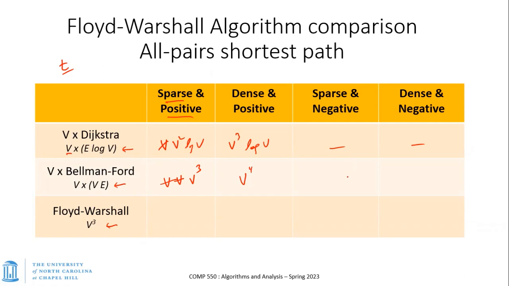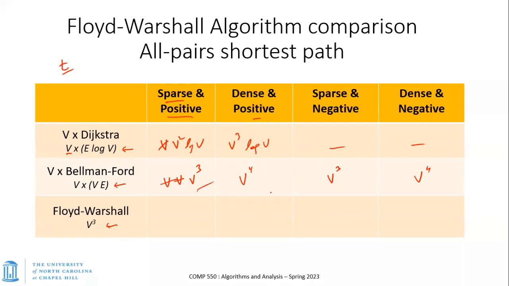What about sparse and negative? It should be the same, because Bellman-Ford handles positive and negative, so we can just copy this. This is going to be V cube, and this is going to be V to the 4. What about Floyd-Warshall?